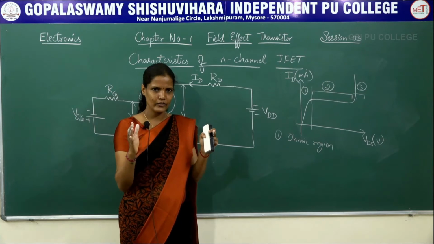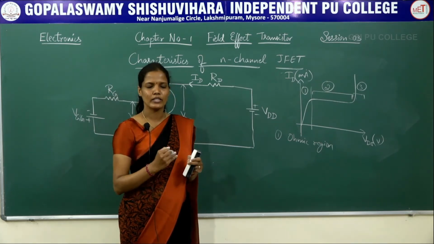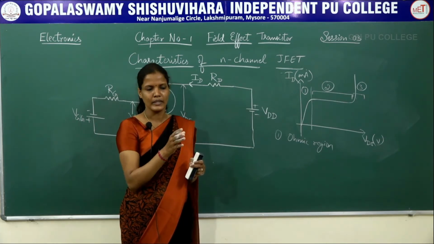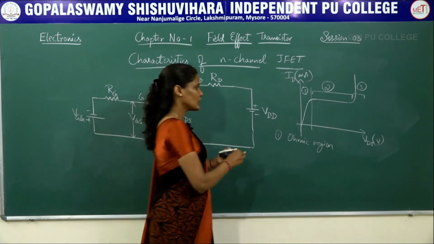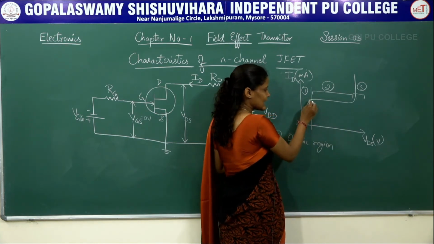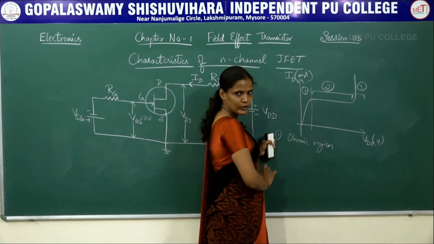As and when the width of the depletion region starts increasing, the channel space available for the charge carriers to flow from one terminal to the other reduces, which in turn reduces the current. So the current increases only slowly, and we can take it as this curve.